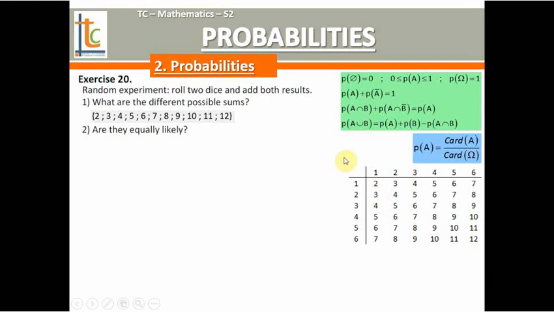Well, the fact is that each die contains equally likely sides. So if each side has 1 chance over 6 to be obtained, every one of the 36 couples here has 1 chance over 36 to be obtained.